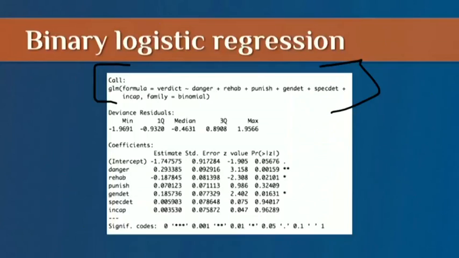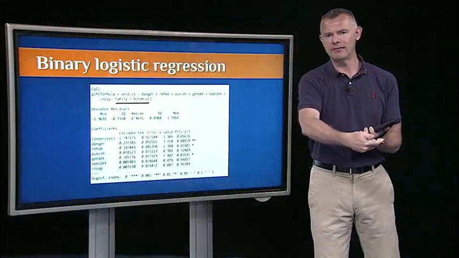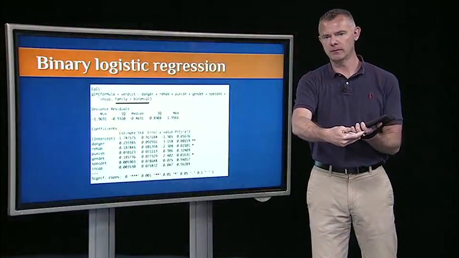And I just put in my outcome variable, that's verdict, and then I put in all my predictors. So this looks exactly like the LM calls, right? But now I have to add this argument family equals binomial. What that tells it is apply that logit transformation to the left-hand side of the regression equation.